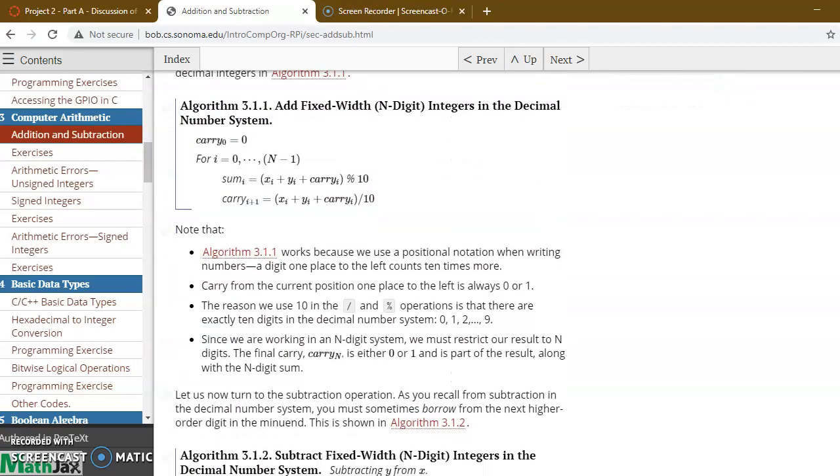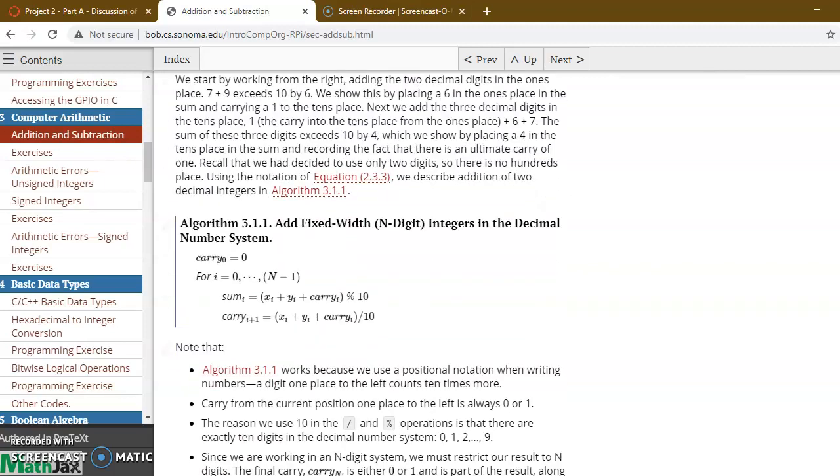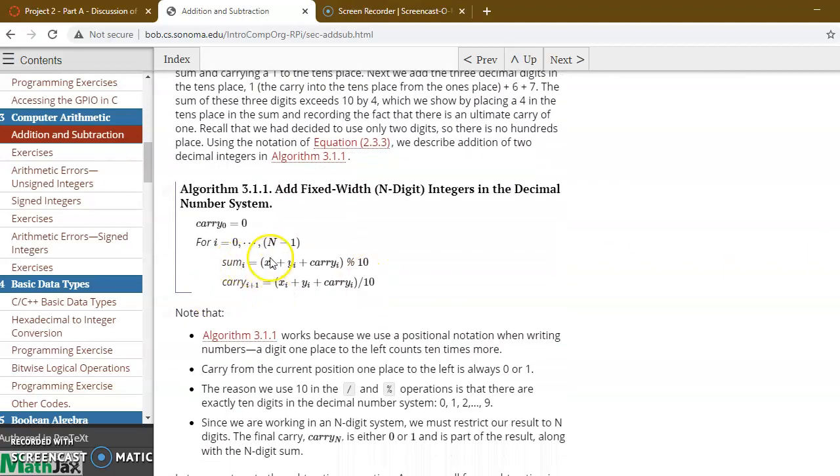Taking a look at this algorithm 3.1.1, when you see these algorithms, they are a generalized way to describe the way that computer arithmetic is being done. You can see that the algorithm has a carry flag, and the carry flag is set to 0 initially. Then it loops through each value from 0 through the last digit by making a sum. The sum is x plus y plus any carry, which starts off in the ones place.